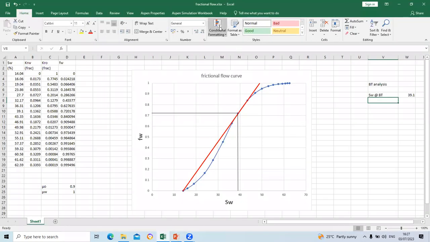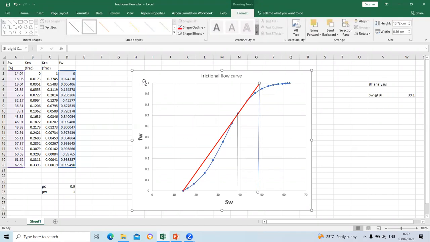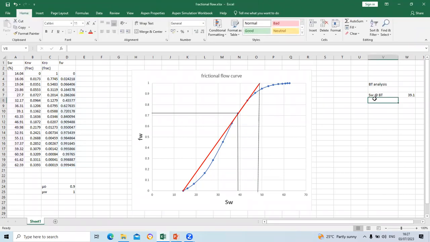The average water saturation is obtained at the point where that straight line touches that horizontal line from 1. That is where you get your average water saturation behind the front. So we get that value there to approximate it.